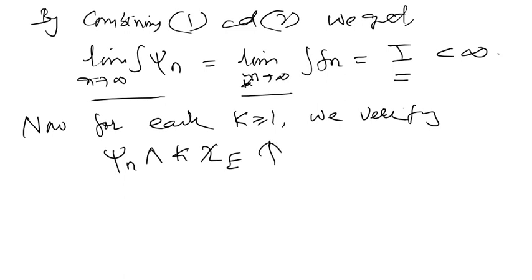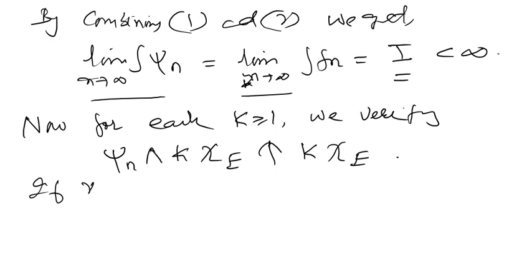This will increase to k times chi E. So we have to fix x actually. In the first case we take x is in E, in the second case x is not in E.